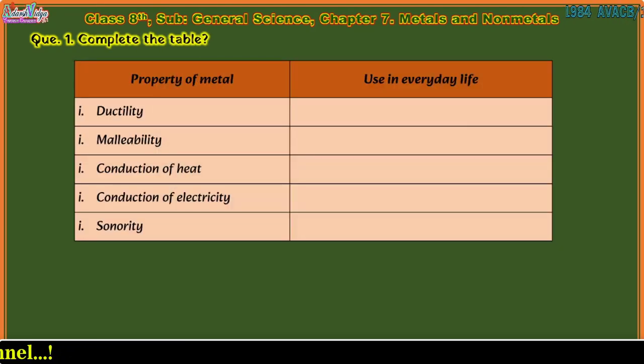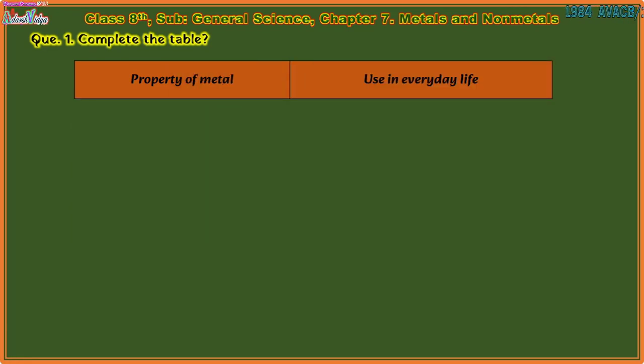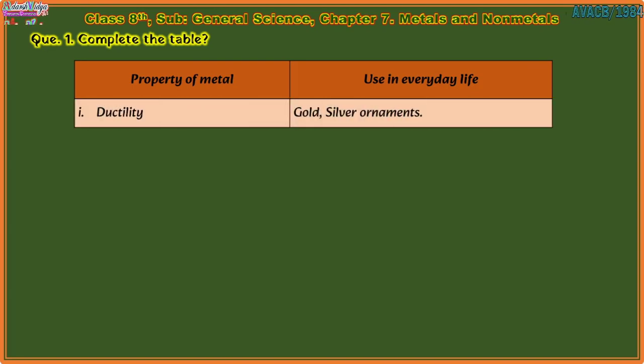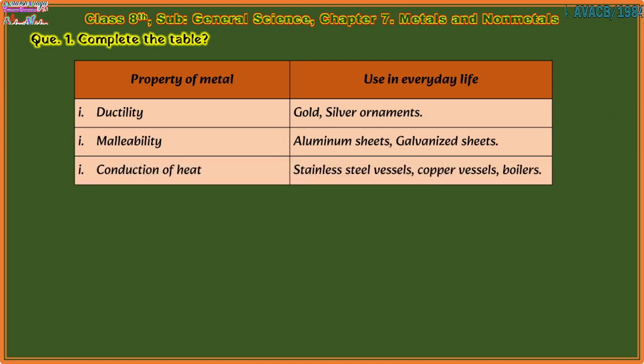First question is: complete the table. Answer: property of metal, ductility. Use in everyday life, gold, silver ornaments. Property of metal, malleability. Use in everyday life, aluminum sheets, galvanized sheets. Property of metal, conduction of heat.